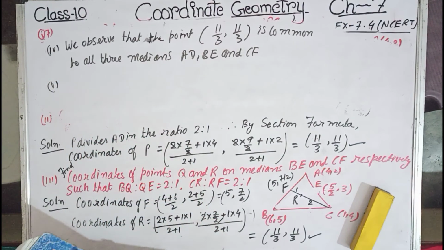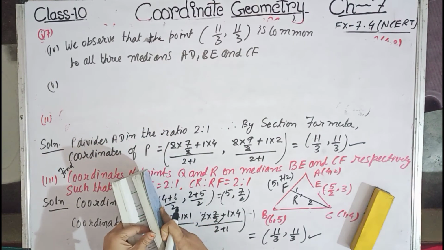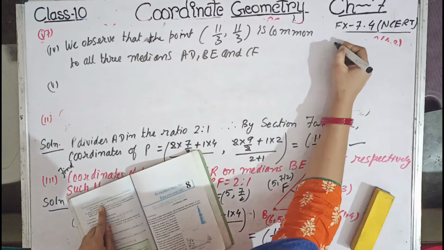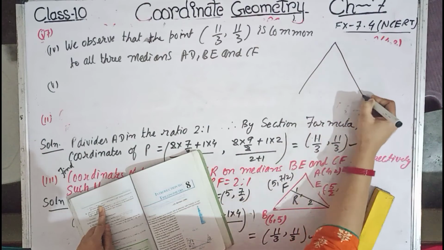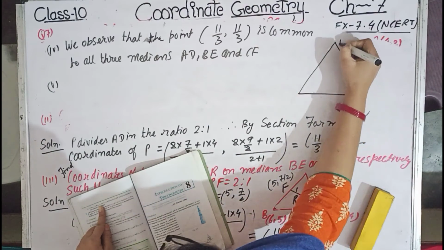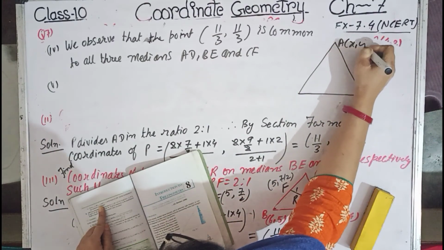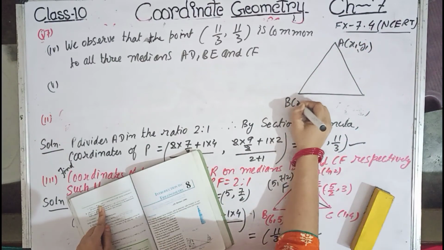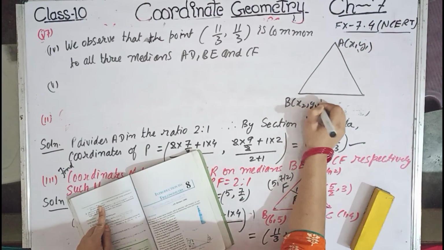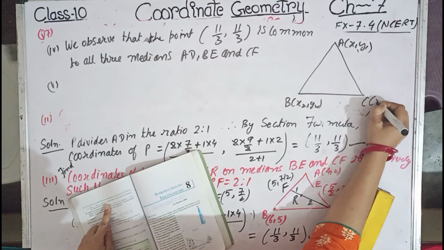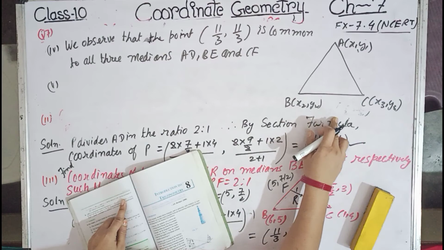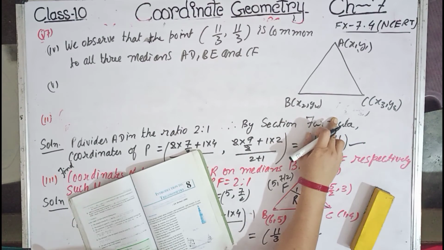Now subpart number 5. Subpart number 5 is saying that if A (x1, y1), B (x2, y2) and C (x3, y3) are the vertices of triangle ABC, find the coordinates of the centroid of the triangle.